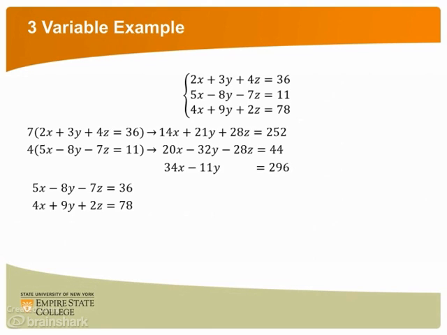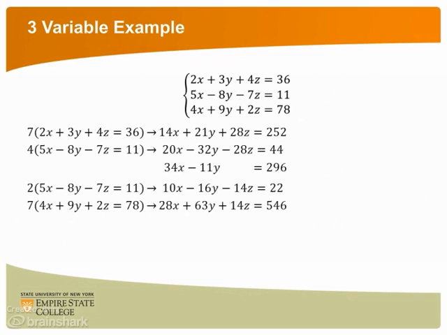Now we turn our attention to a different pair of equations. Again, we want to take advantage of the given minus sign. So we look at the bottom 2 equations of the original system. 5x minus 8y minus 7z equals 11, and 4x plus 9y plus 2z equals 78. We bring the coefficients of z in front of the other equation, so the 2 comes up and the 7 goes down.